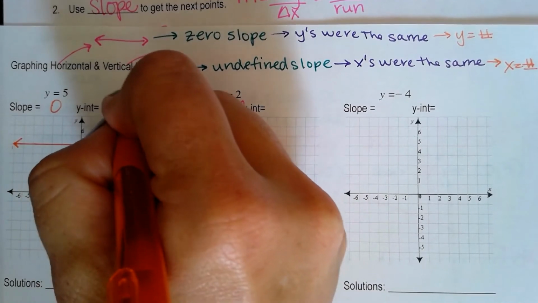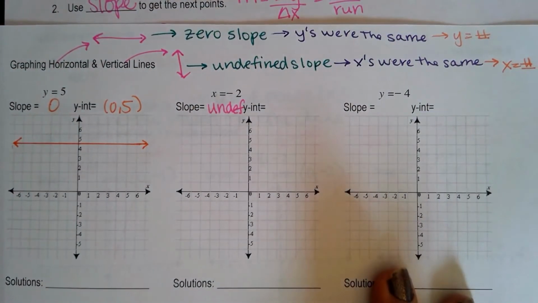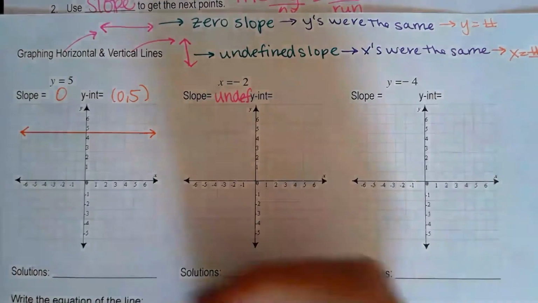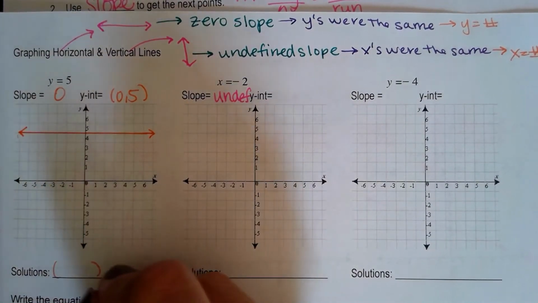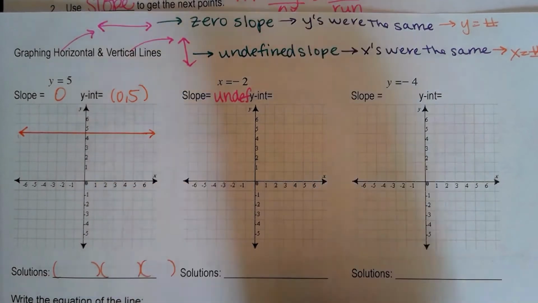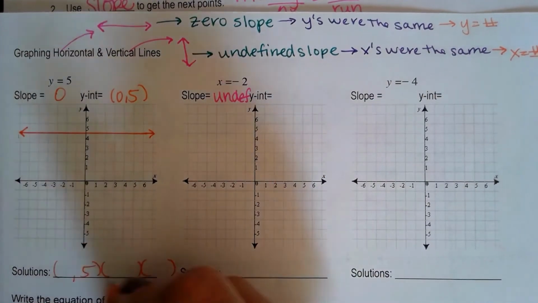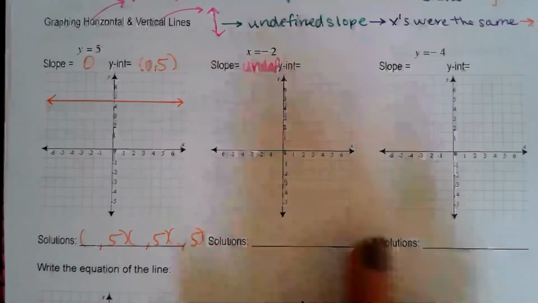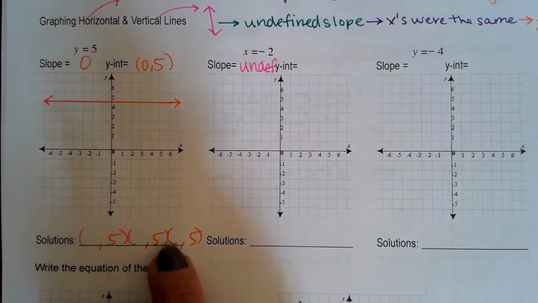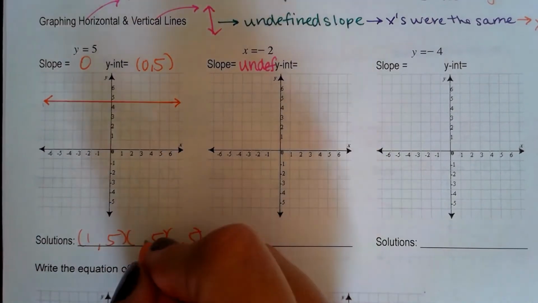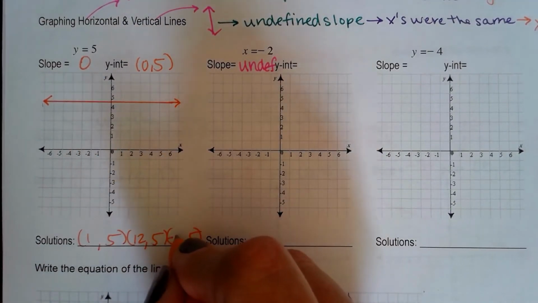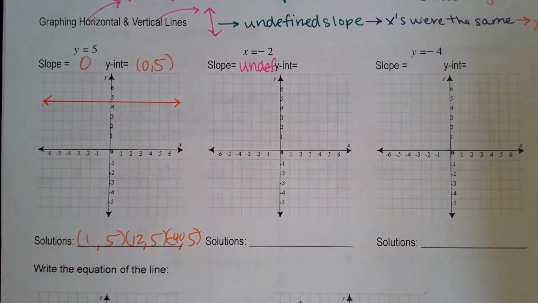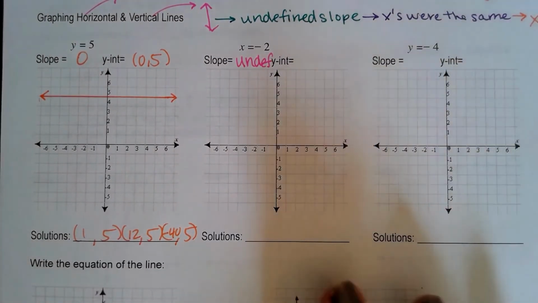So it was 0, 5, and then you could pick any point on this line, and what they're all going to have in common is that the y value is 5. And then you can pick any number you want to go there. So I could put 1, I could put 12, I could put negative 40. Doesn't matter what number you put there, as long as the y is 5, it'll work.